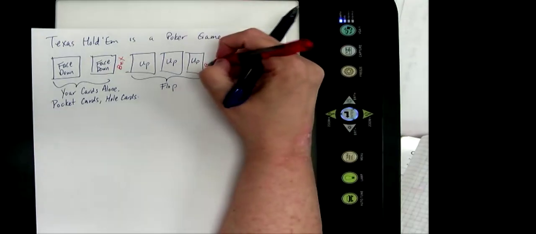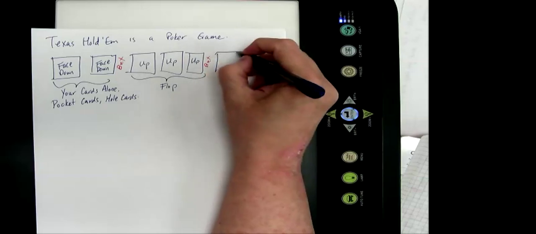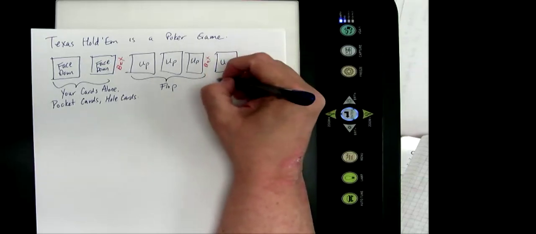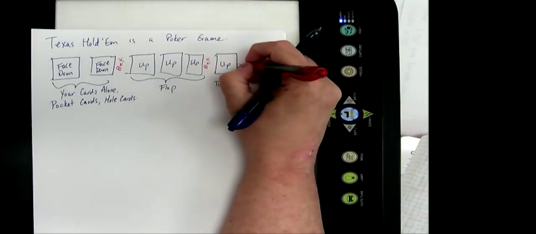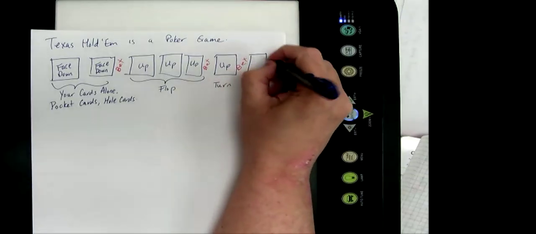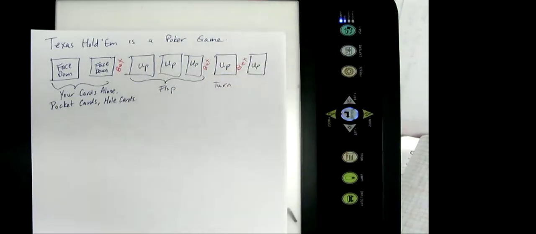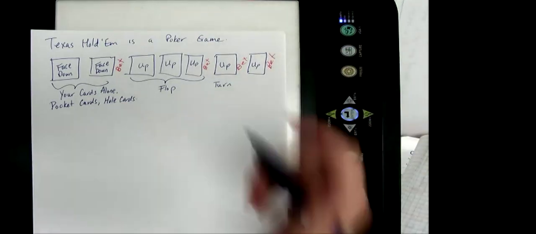And there's another round of betting or folding. You get a 4th card up called the turn. Another round of betting. A 5th and final card that's up, and a final round of betting. And this final card is called the river.